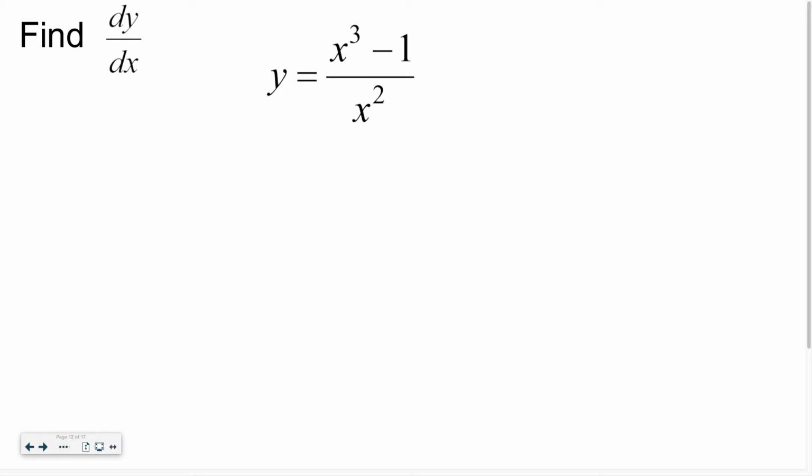Now, could I have given you this problem on yesterday's quiz? Yes. And what would you have done? Just split it into two different terms.